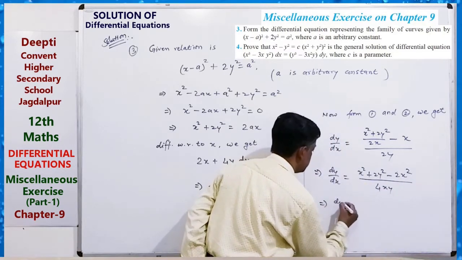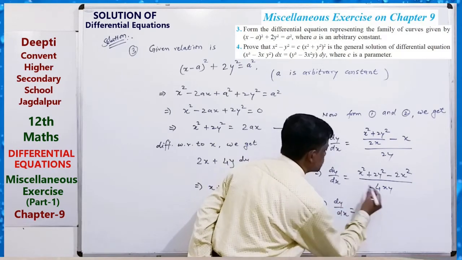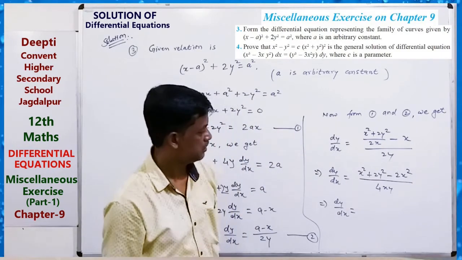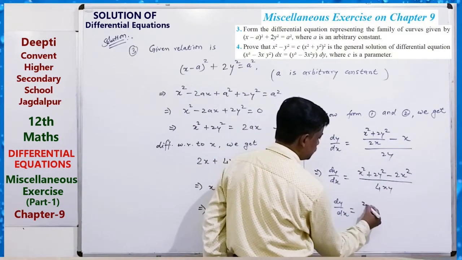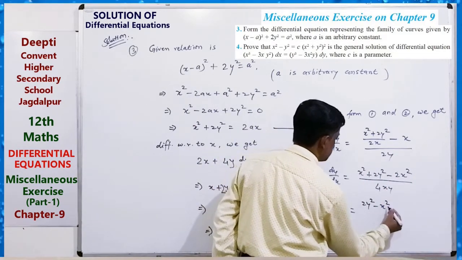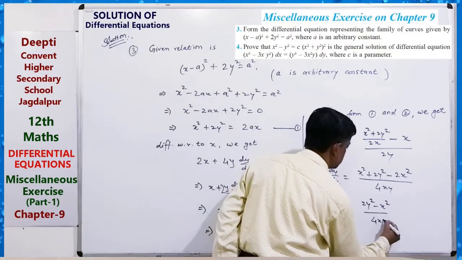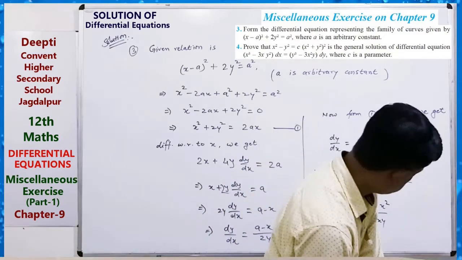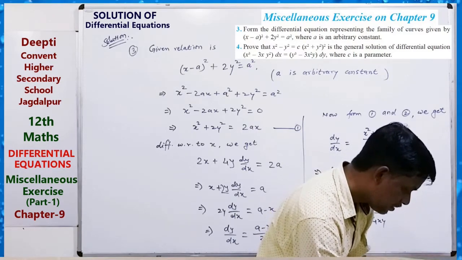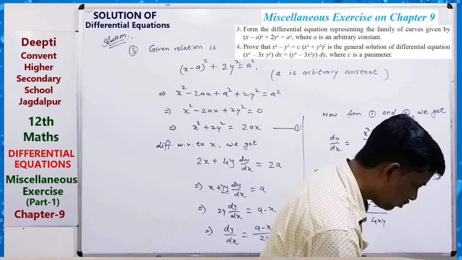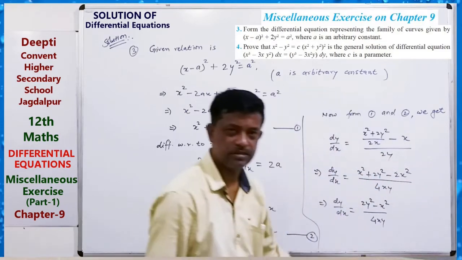So we can write dy upon dx equals, here you can see, 2y square minus x square upon 4xy. So the solution is y dash equals 2y square minus x square upon 4xy. Okay, so this is the solution.